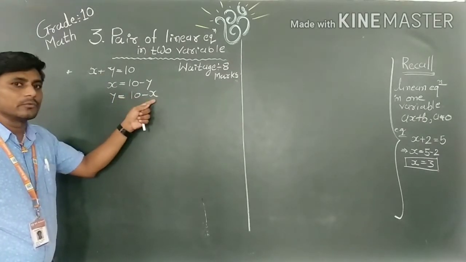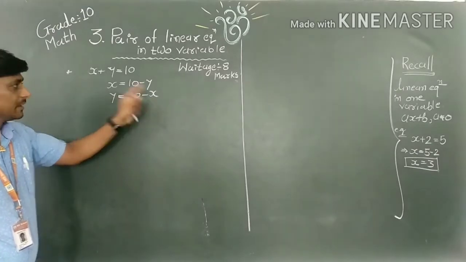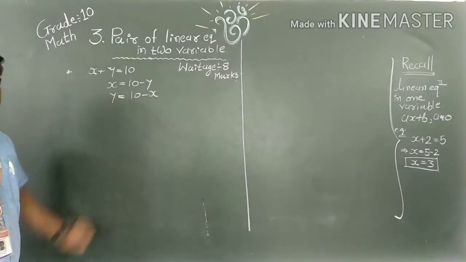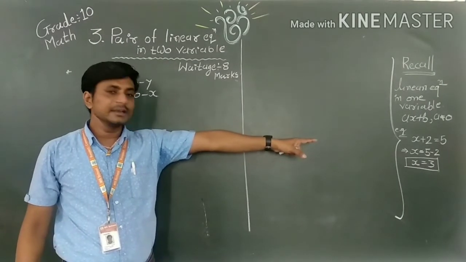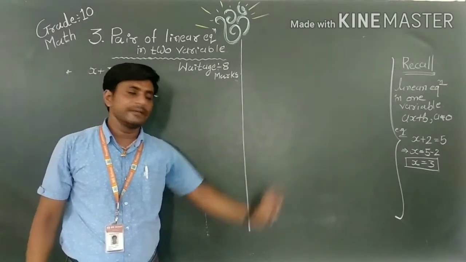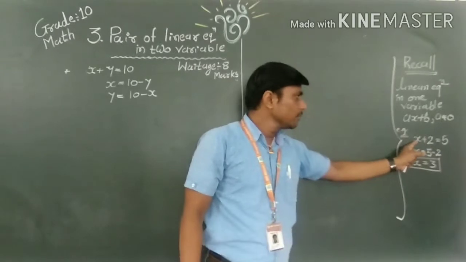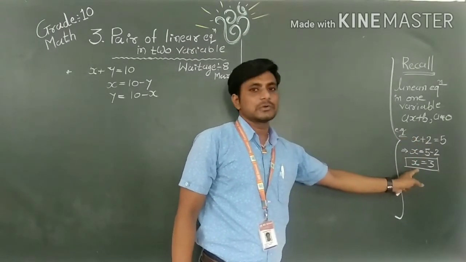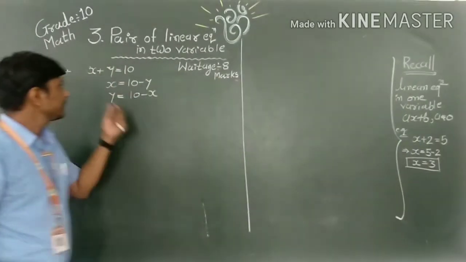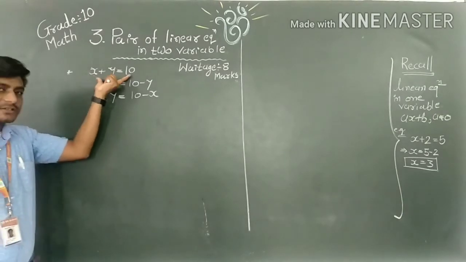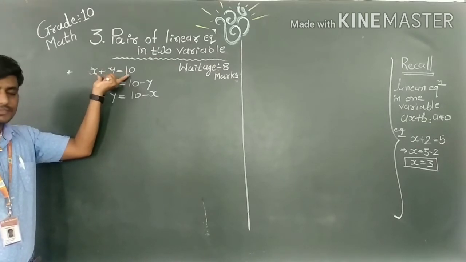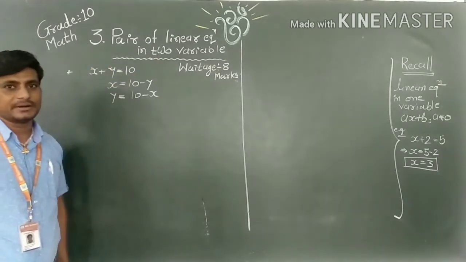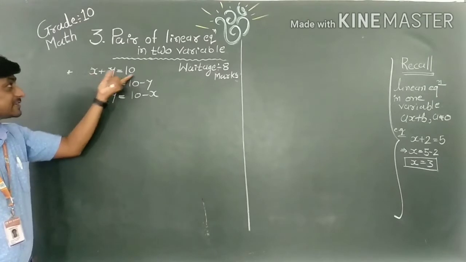The variable is not removed; it is still there. In a linear equation with one variable, one unknown, one equation, we can solve. But if we have a single equation with two variables, we cannot find a specific solution.